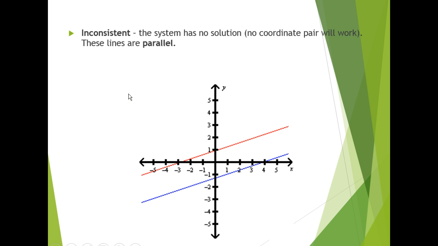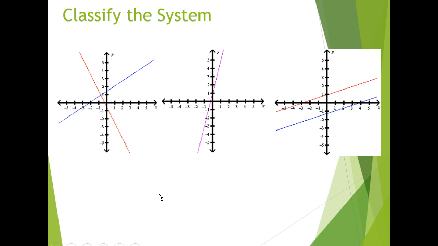The last type of solution is called inconsistent. In other words, there is no solution. This happens when the lines are parallel. So you can see that these lines are going to have the exact same slopes and a different y-intercept. So let's start by putting all 3 pictures together.